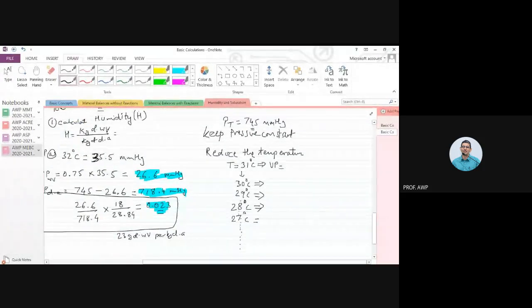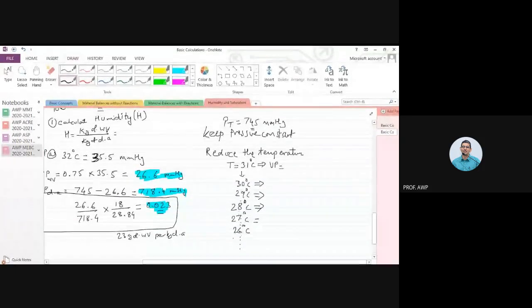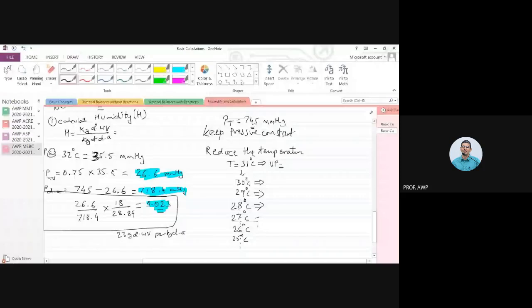To 26? To 25 degrees centigrade? Somebody calculate fast. Everybody doesn't have to calculate everything.